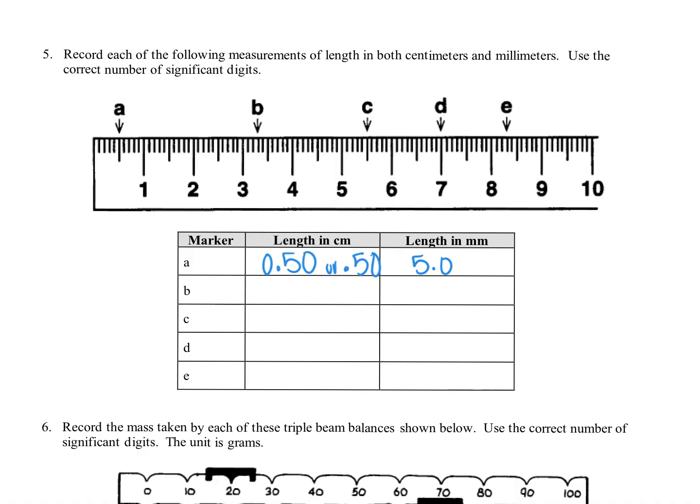All right, let's do the same thing for B. So here's the arrow for B. If we look, do you think B is hitting this line exactly, or is it a little bit off the line?